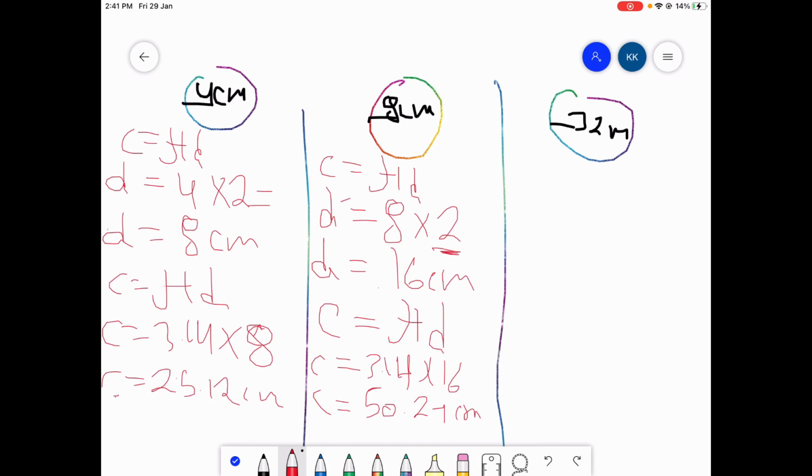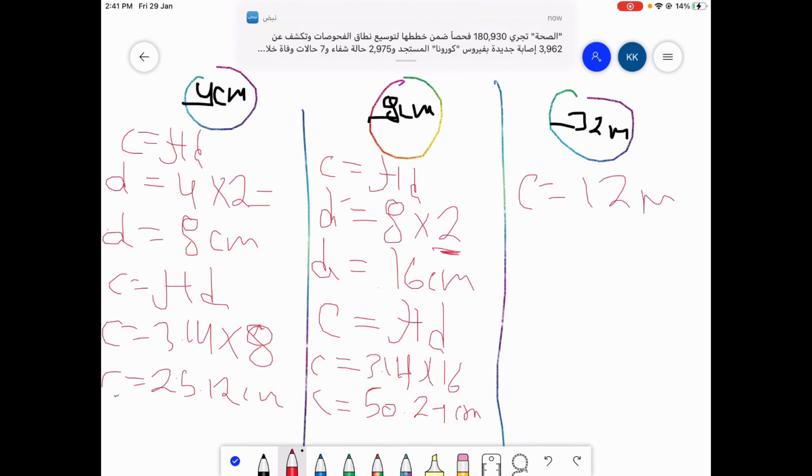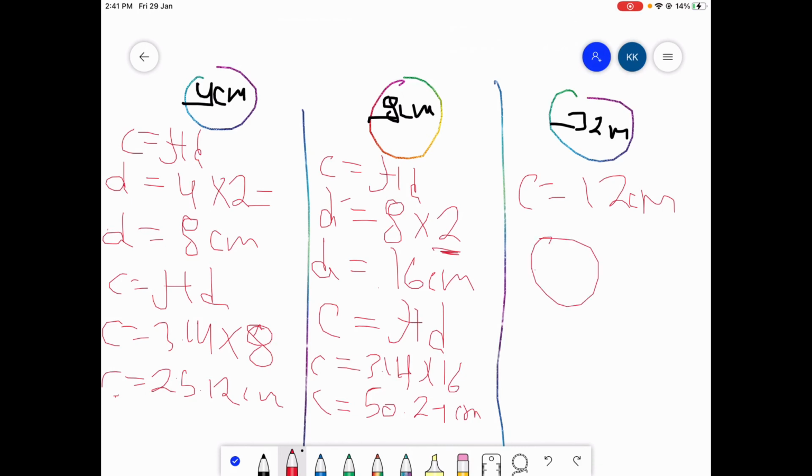In the next lesson, we're going to learn, if we have for example C equals 20 centimeter, and we want to find the diameter, so it's the opposite of the calculating.